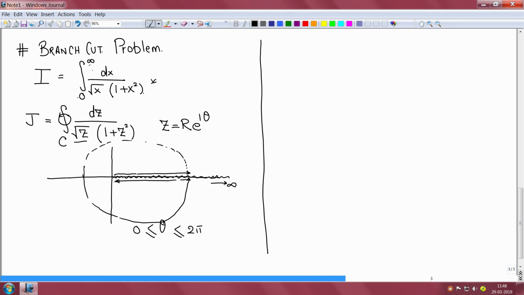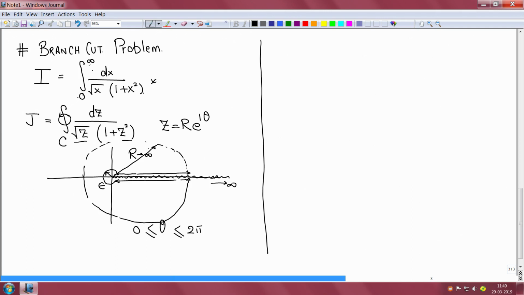Then I take a circular contour with radius epsilon, and this here is R going off to infinity, and I join up. So this is a closed contour now.